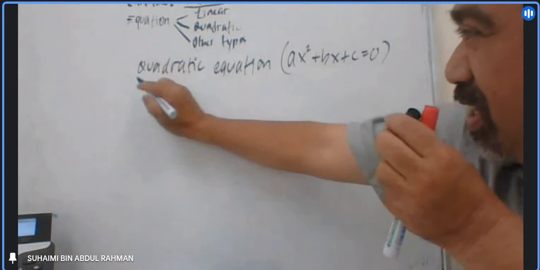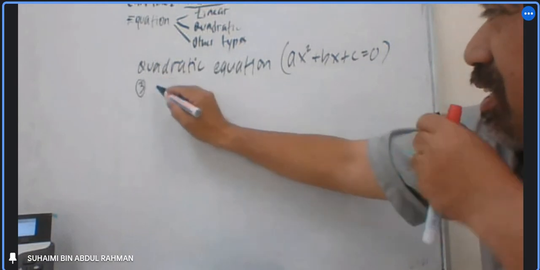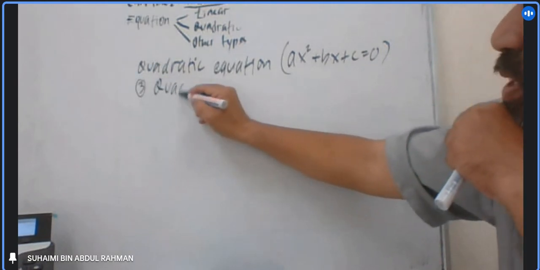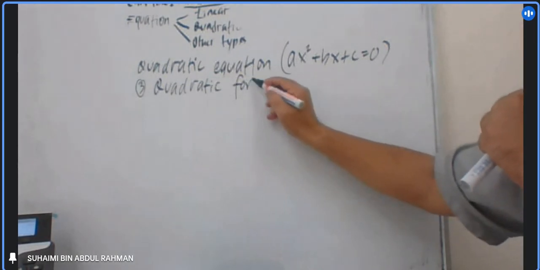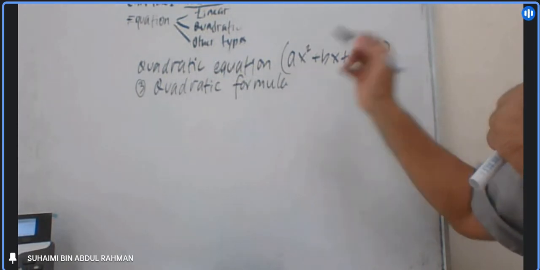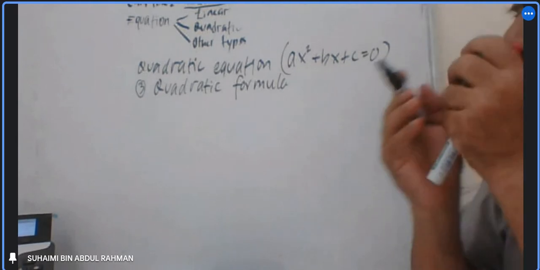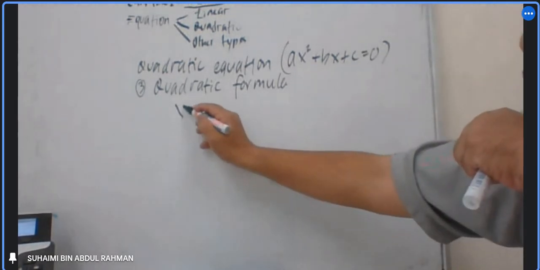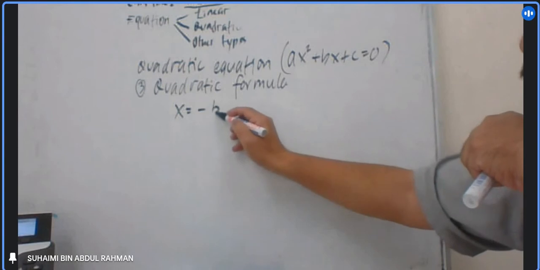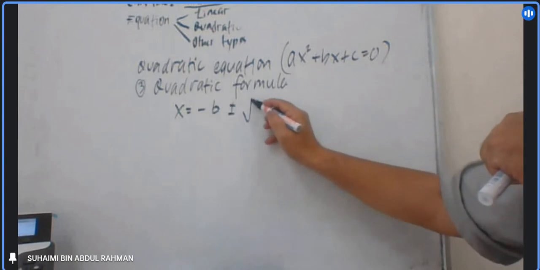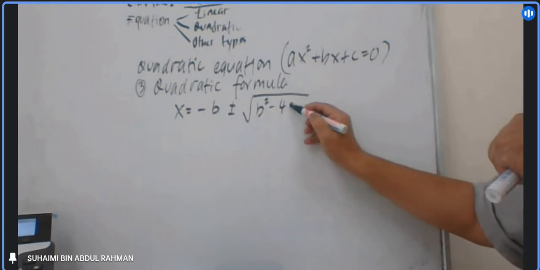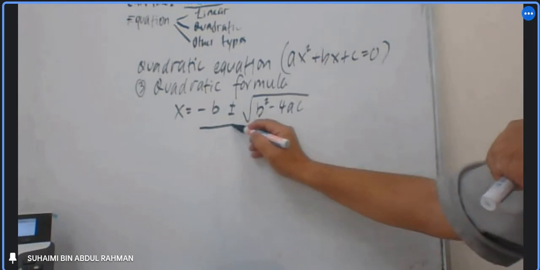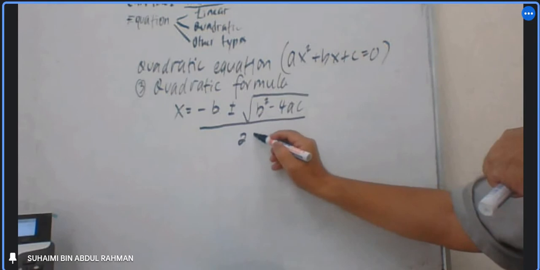Method number 3 is by using the quadratic formula. The quadratic formula is x equal to minus b plus minus square root of b squared minus 4ac, divided by 2a.